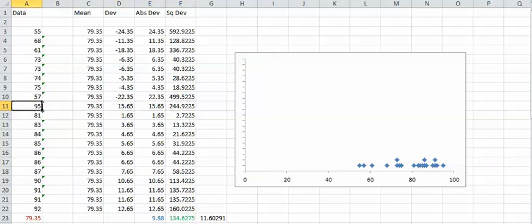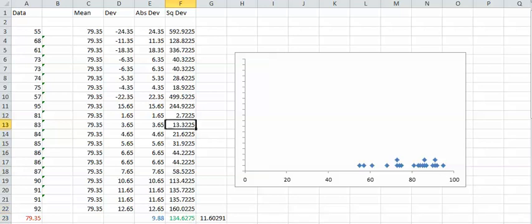So when a value moves further from the mean, the absolute deviation of the value goes up, and that also causes the squared deviation of that value to go up. When the squared deviation of the value goes up, that raises the mean of the squared deviations down here, which is our variance.